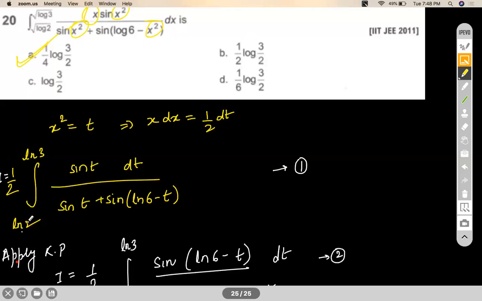Yeah, Ravi Kiran, what happens? ln 2 under root whole square, what happens to it? ln 2 only, no? Yes, sir. Same with ln 3 also. See, you're making use of a substitution. So won't your limits undergo a change?